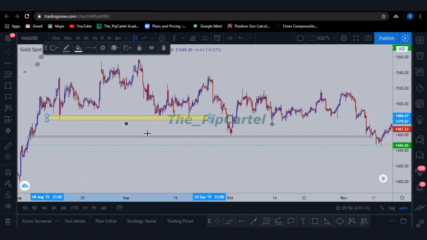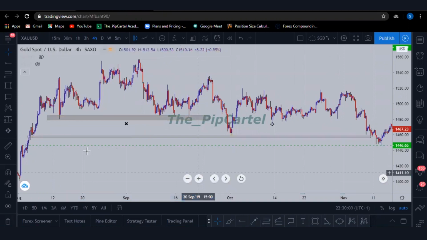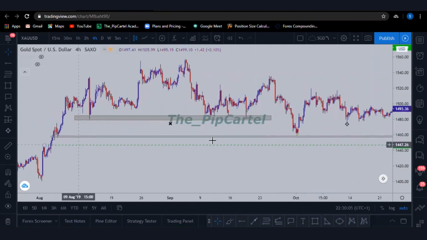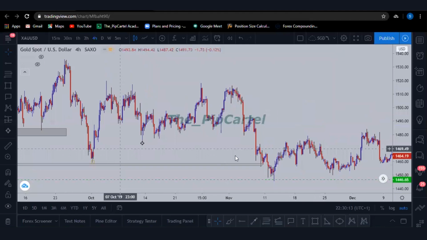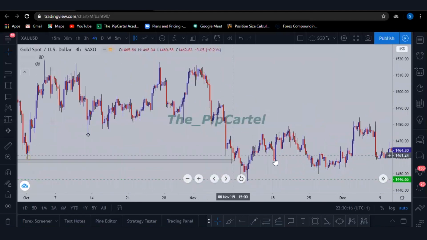This is a beautiful support level. You can see price tested first time, came back, tested again, and came back. You could see rejections from the pin bar and all these reversal candles. And normally, when you have rejections like this, you expect price to bounce up.